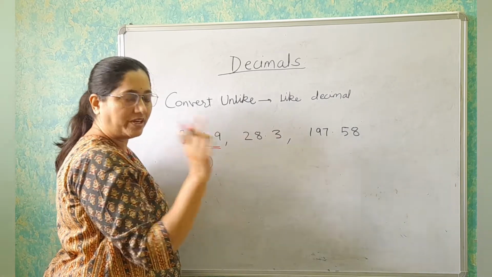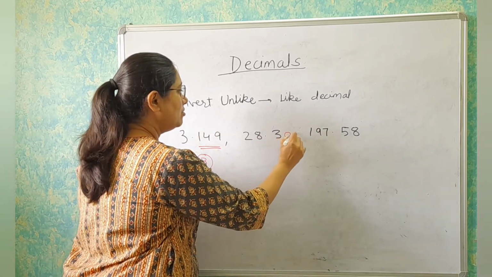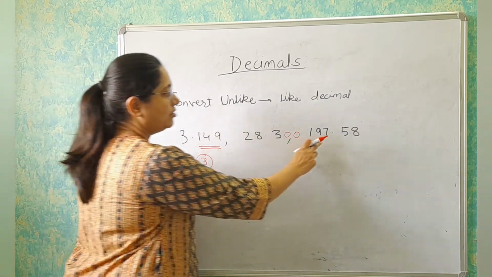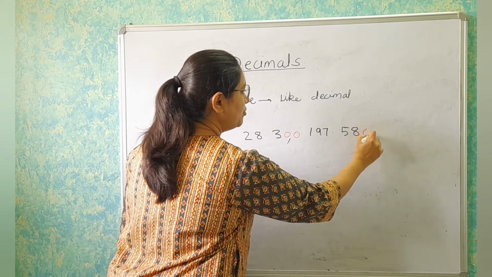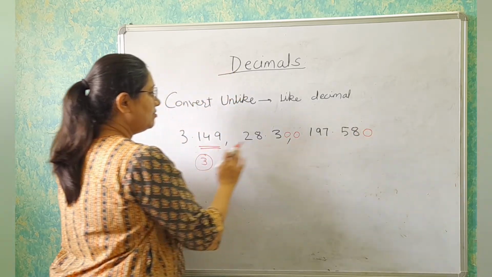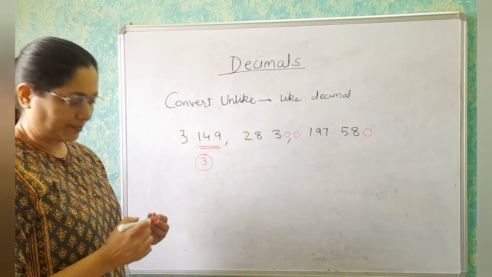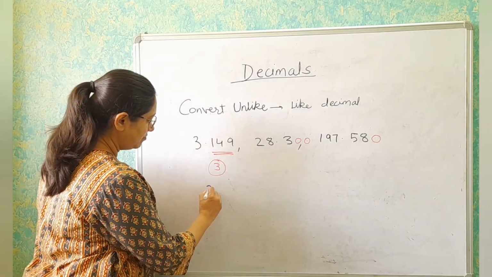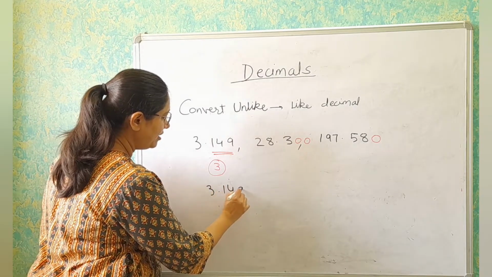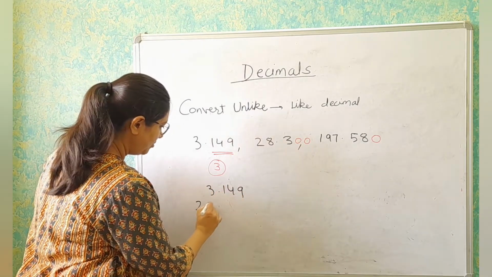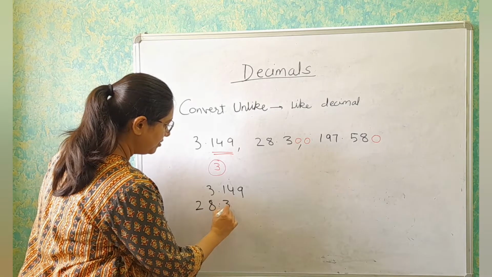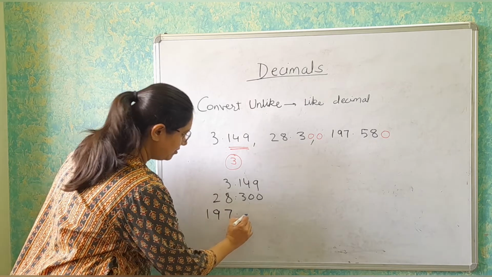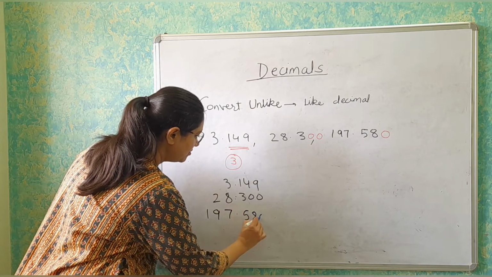This number has just 1 digit, so I will put 2 zeros so that it becomes 3 digits in the decimal part. Now this number has 2 digits, so I will put 1 zero and now these three numbers become like decimals. Now we can add these three numbers. 3.149, then 28.300, 197.580.